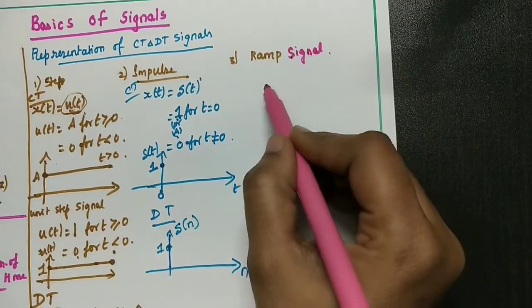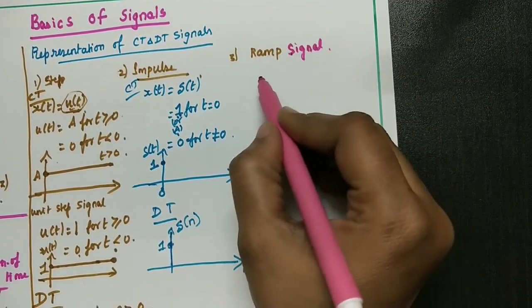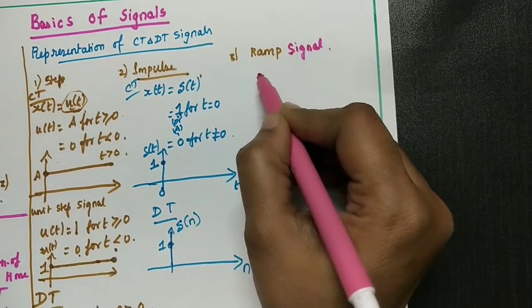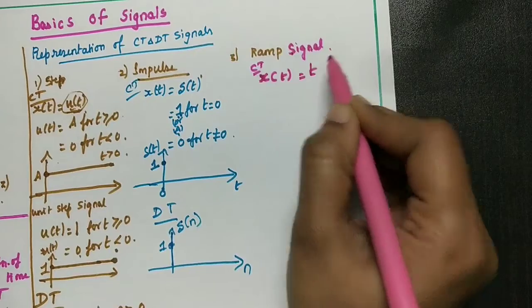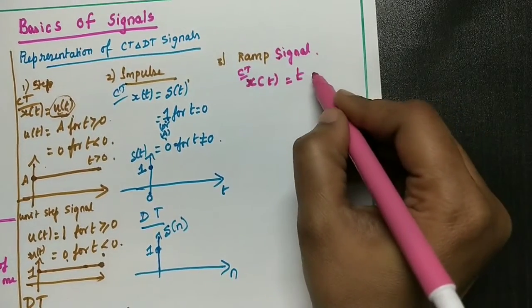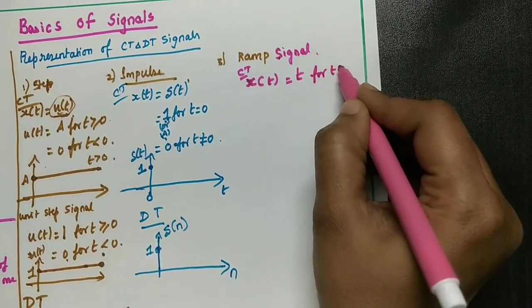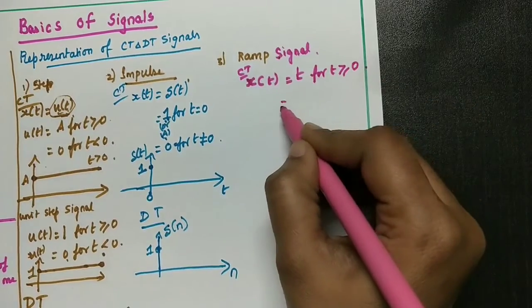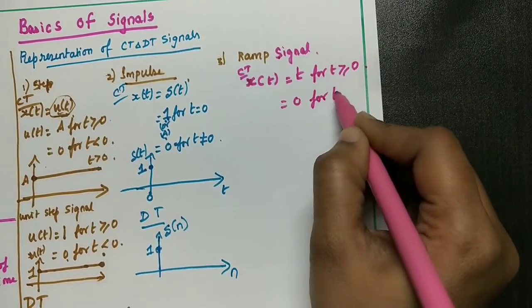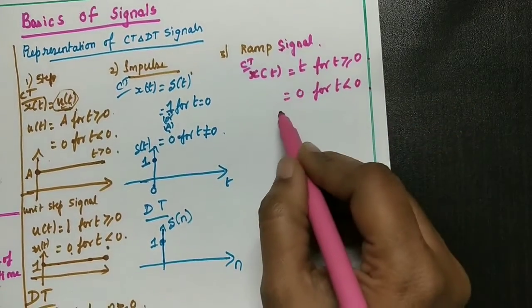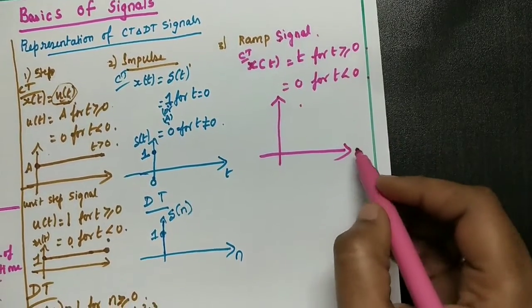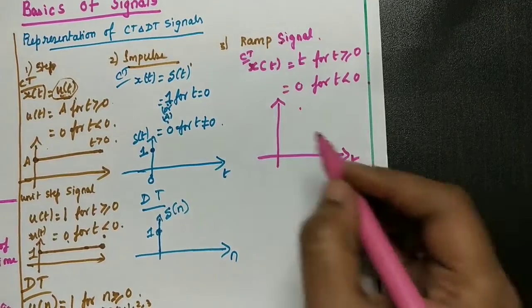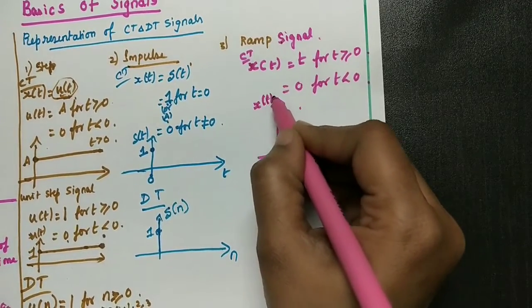It's like a linear signal. Here we can represent the CT signal as x of t equal to t for t greater than or equal to 0, and equal to 0 for t less than 0. The representation of the waveform is with respect to t. This is x of t equal to t.